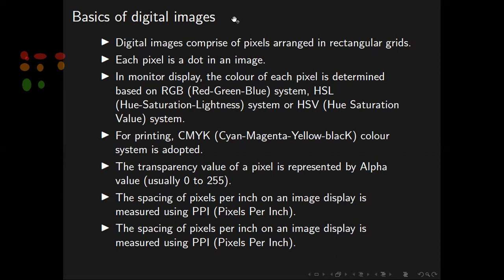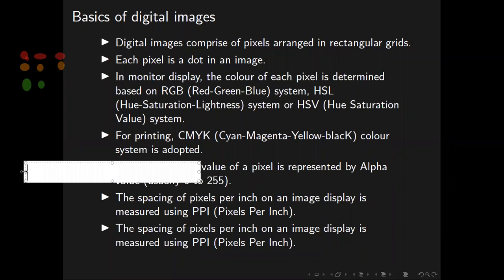There are three types of transparency. Alpha 0 stands for full transparency.